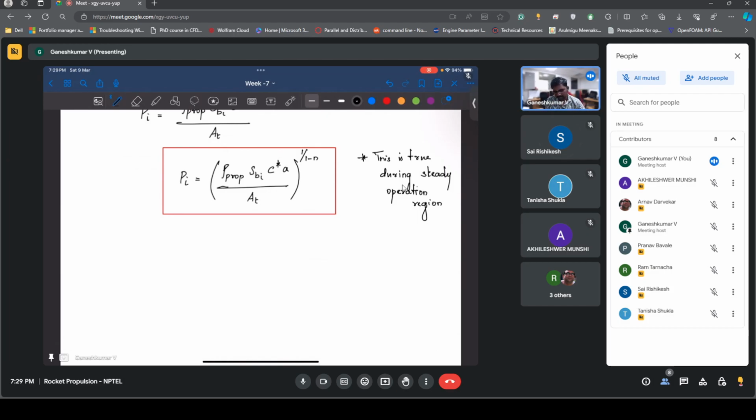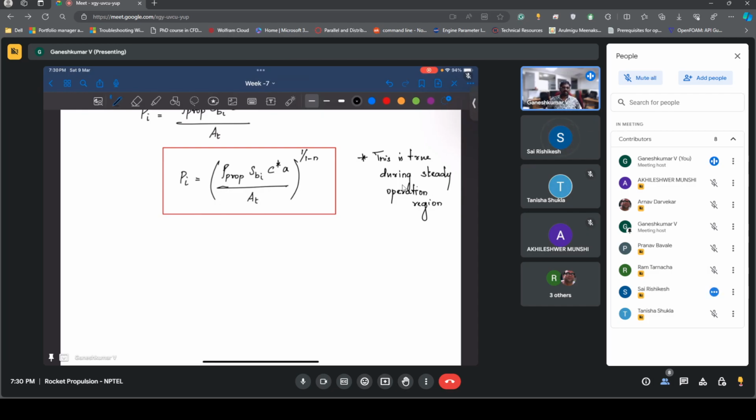Basically here, this steady state is what we are actually calling an equilibrium. In fact, you are saying that the mass flow rate entering and leaving is equal. So in that sense, they are calling this an equilibrium pressure. If not, you would just call it the chamber pressure, right?